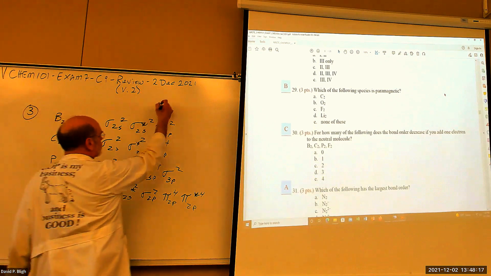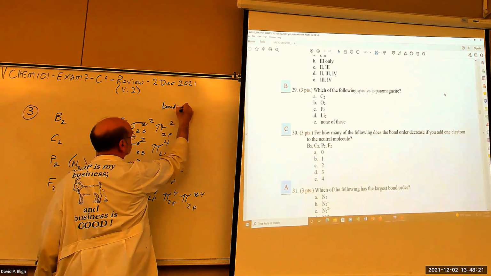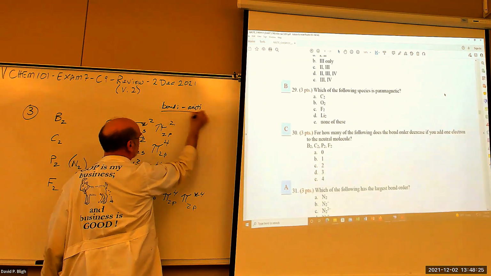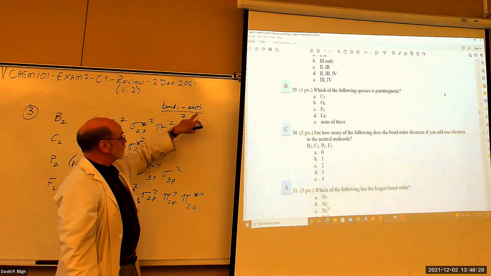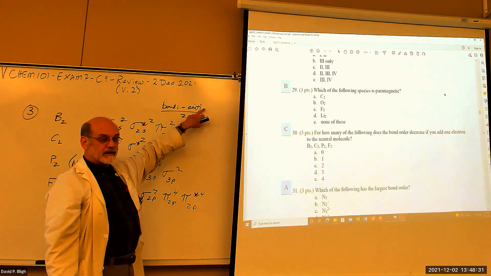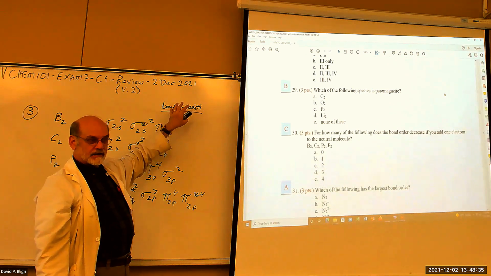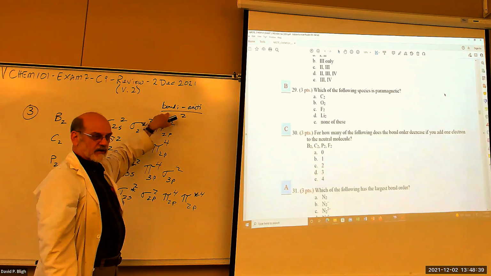Remember, the bond order is bonding minus anti-bonding divided by 2. So if you add an electron to an anti-bonding orbital, it's going to decrease that value by 1/2. Whereas if you add one to the bonding, it's going to increase the bond order by 1/2.